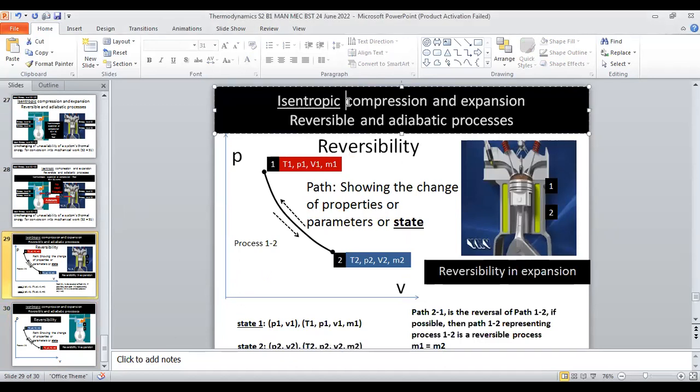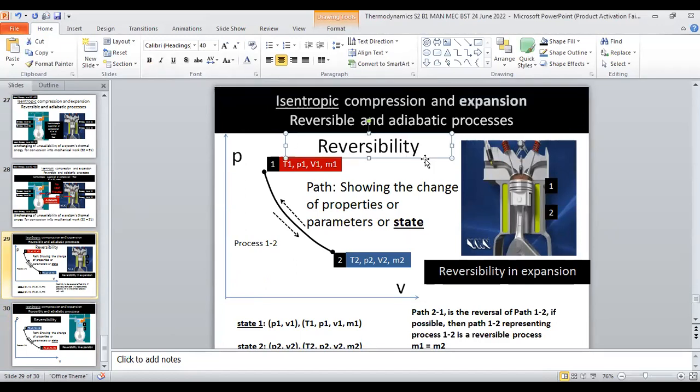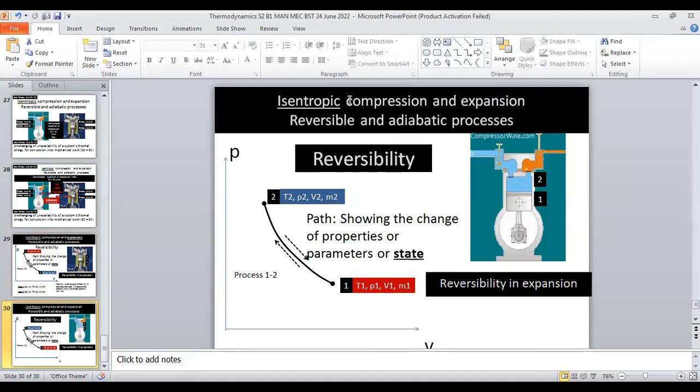So this is isentropic compression and expansion, but here it is expansion. Here it is compression. Reversibility is a must.